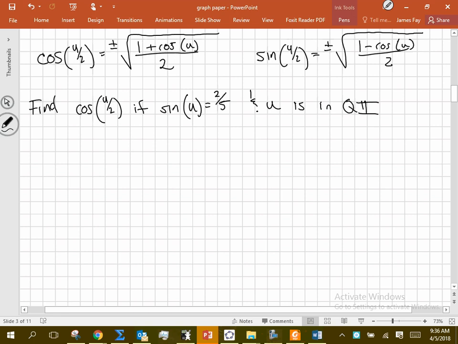Okay. Find cosine of U over 2 if sine of U is 2/5 and U is in quadrant 2. Okay. I like to do this right away. I like to get rid of or realize what that is telling me.